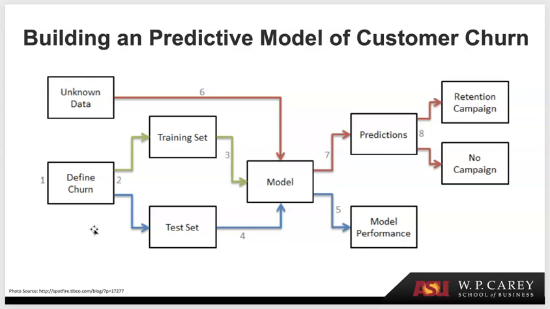Then we begin by defining our target outcome. What do you mean by churn? Right? So it's the termination of current contract.